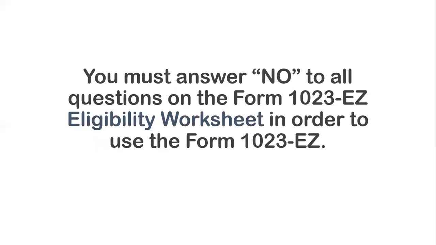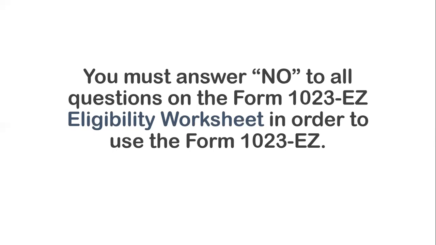You must answer no to all questions on the Form 1023-EZ Eligibility Worksheet in order to use the Form 1023-EZ. So there is an eligibility worksheet that you would complete before you complete the Form 1023-EZ.